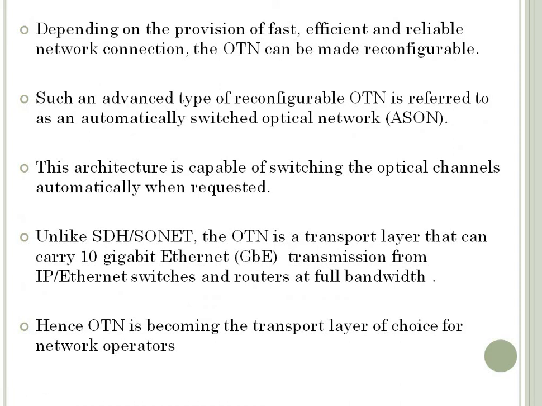So the control plane of the OTN refers to a set of protocols related to signaling and routing for distributed routing control, connection management and resource discovery when a connection is required to be established between two network nodes.